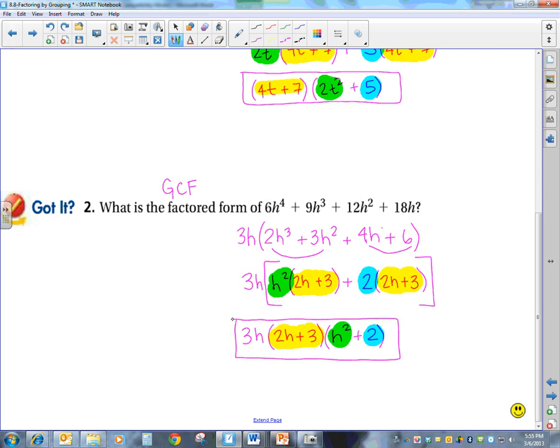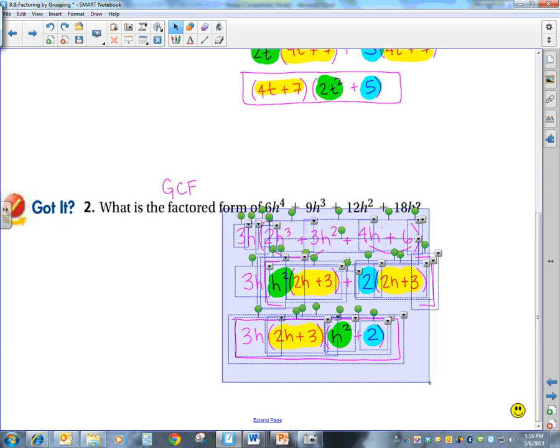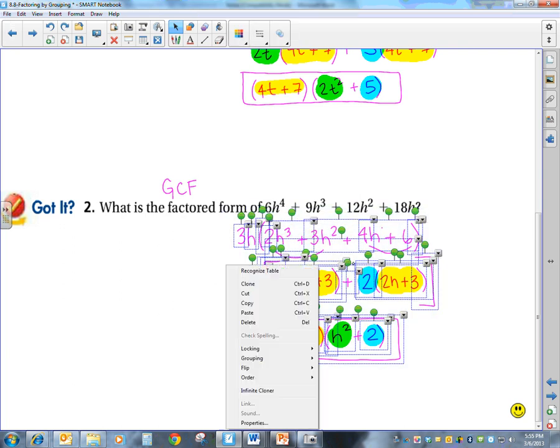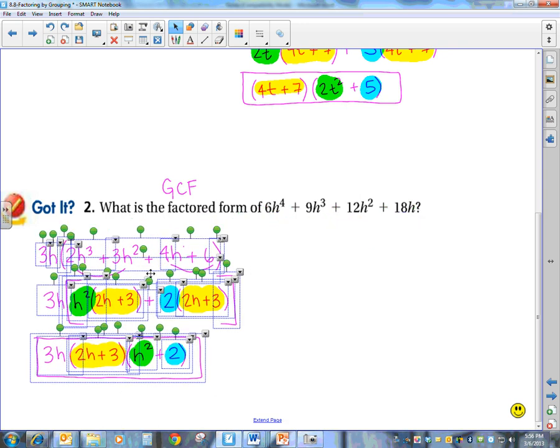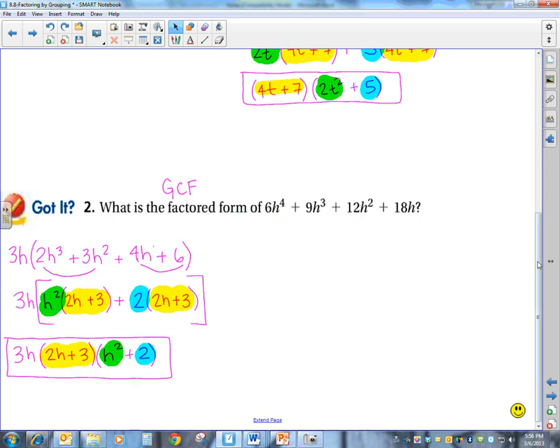Now, some people ask me, what happens if you don't find that GCF at first? Or how do you know when to stop? So if you look at this and don't notice the GCF first, let me move this over to the side, and I'm going to do this problem a different way.